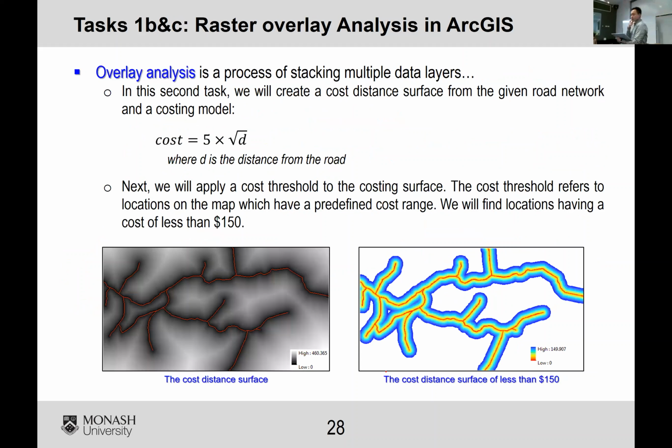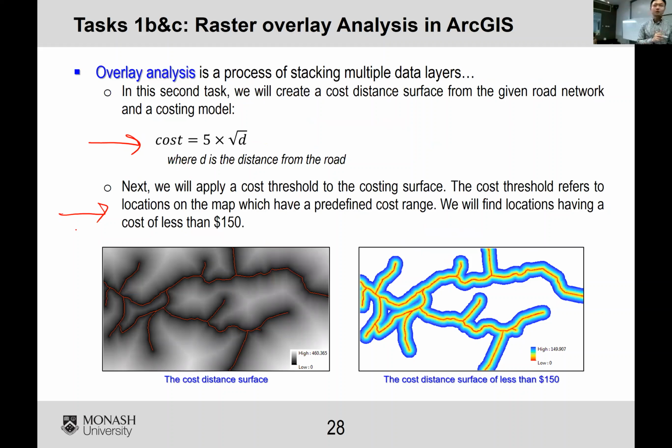And the second part of task 1 is the raster overlay or the map algebra. So here you're given a function of the distance from the road, okay? So you want to compute the cost based on this function for you to get from each cell to the road.